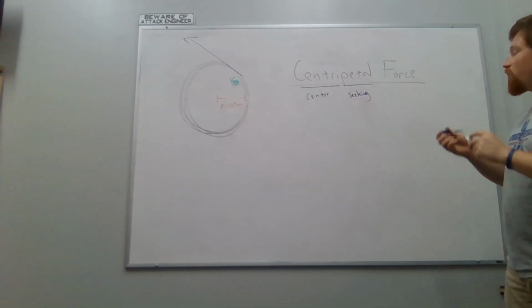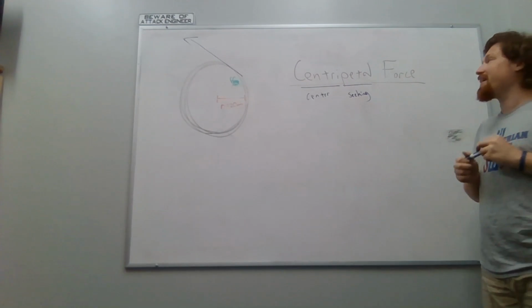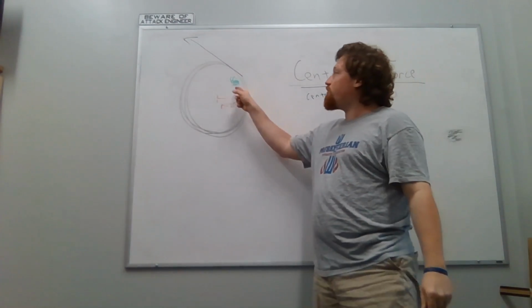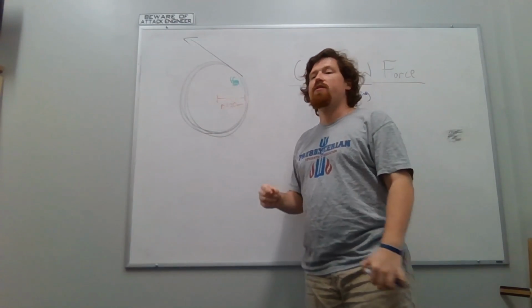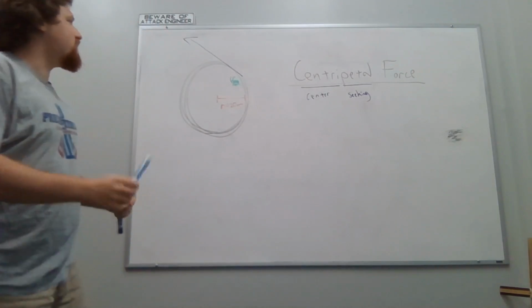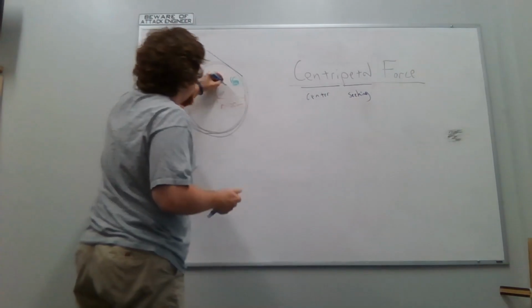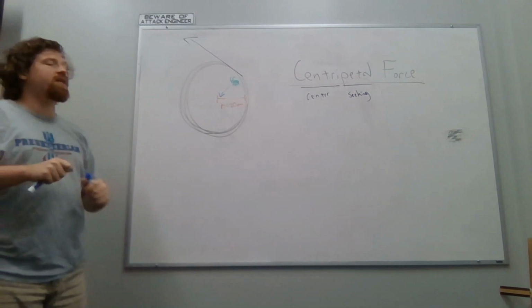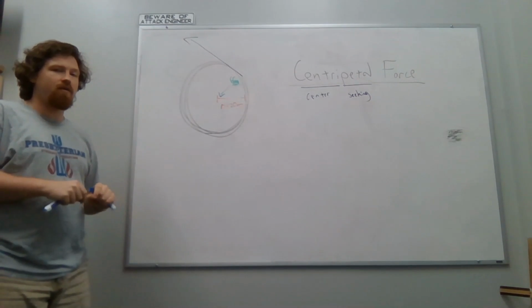So centripetal force is the center-seeking force. It's the force that pulls an object towards the center of its orbit. So, when the cricket is gripping the record, there's a force pulling the cricket towards the center of the record.